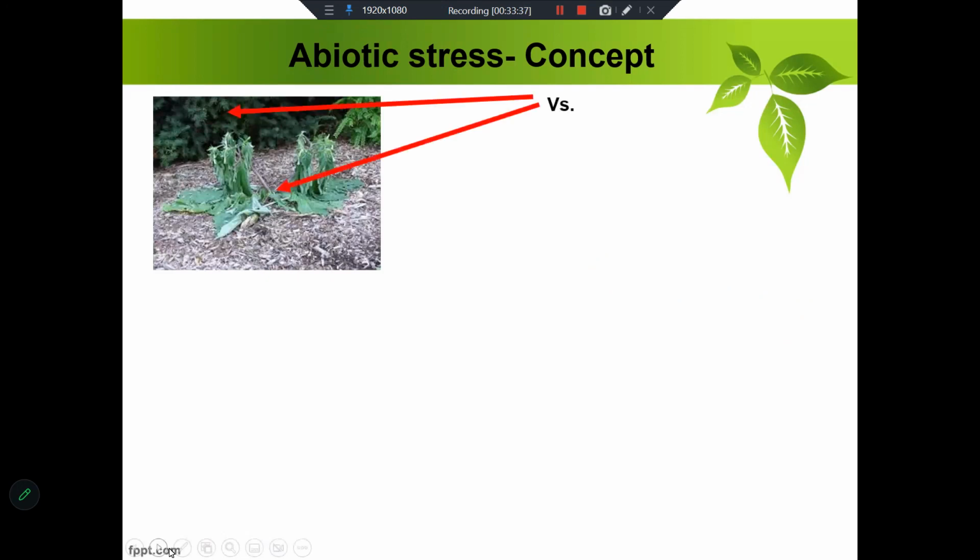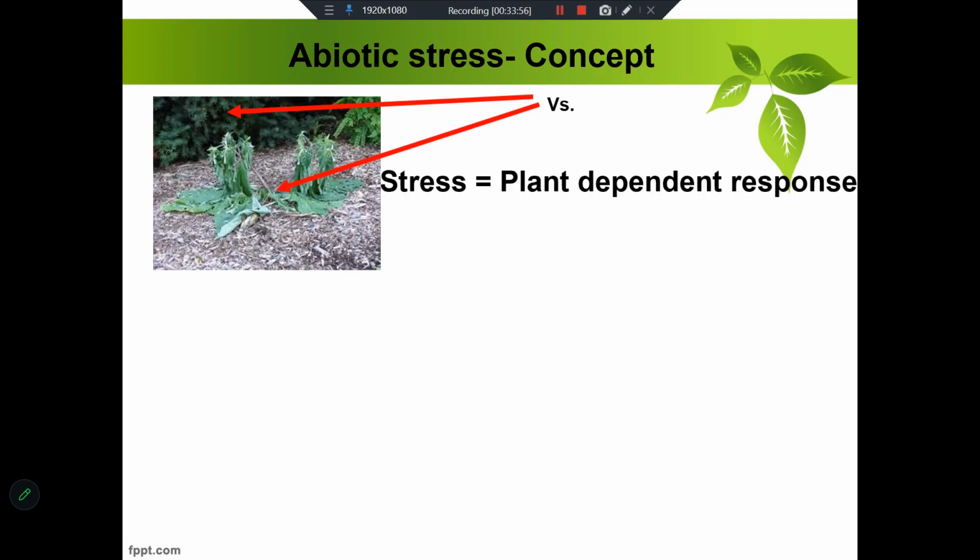So here you can find two plants in the same soil. One plant is growing happily, the other plant is wilted. The same environment, very close proximity to each other. So now you can see the stress is a plant dependent response.